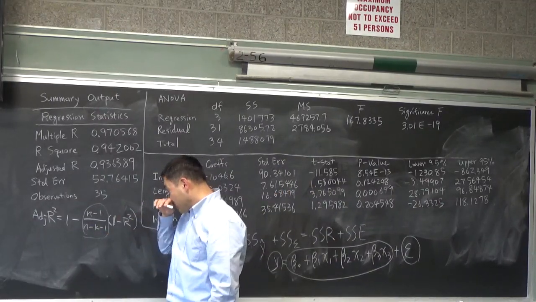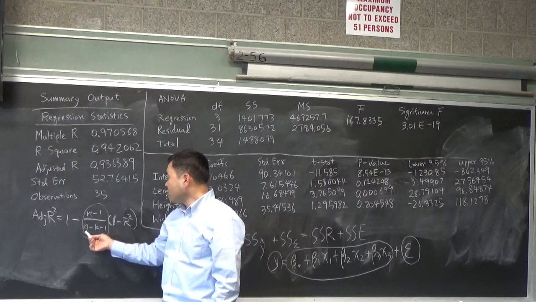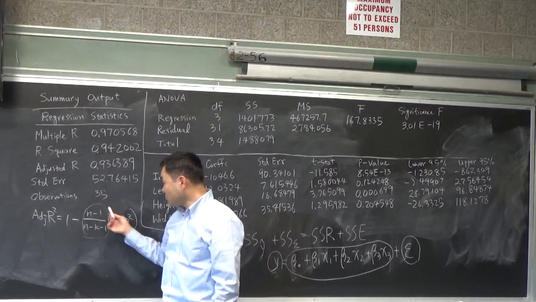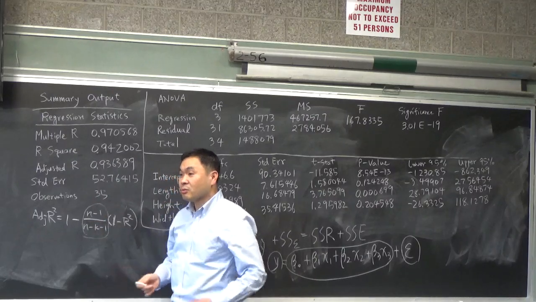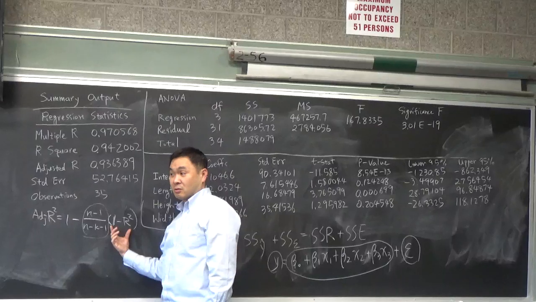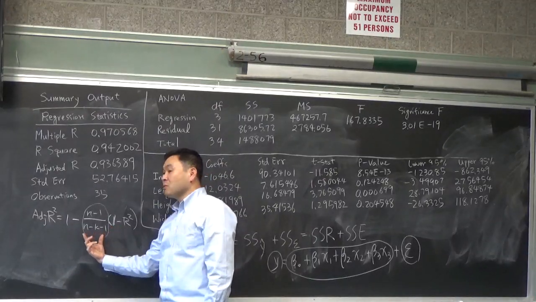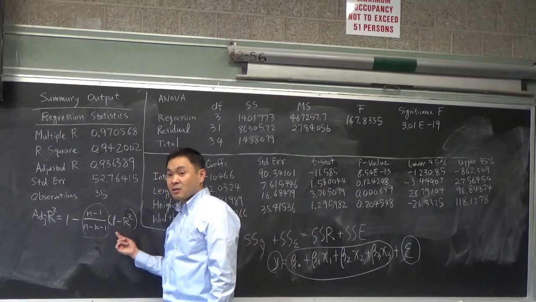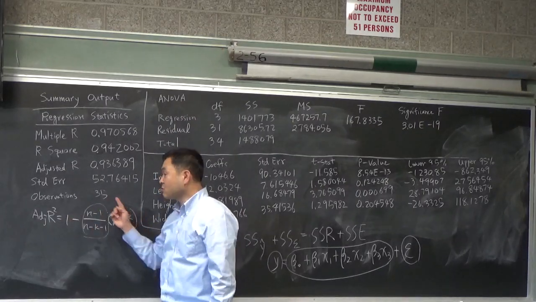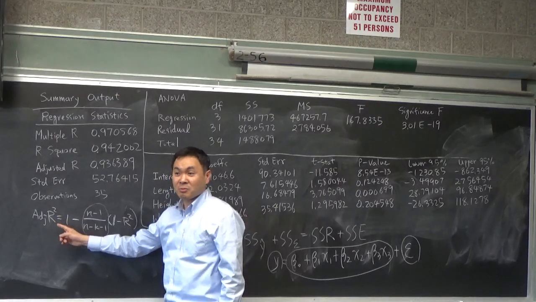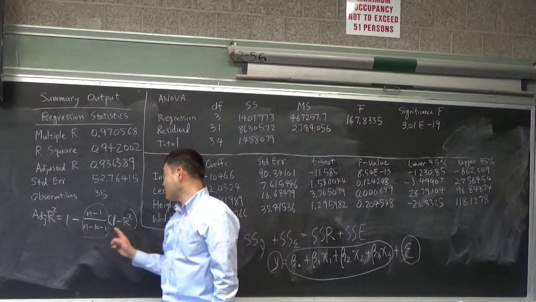And therefore the denominator is a smaller value than the top value, which means this ratio is a bigger value. So what you're doing is taking the unexplained part and multiplying by something bigger than 1, making it bigger, and then subtracting from 1, so the adjusted R squared will always be less than the R squared.